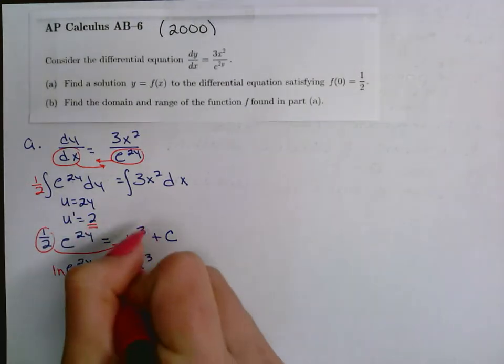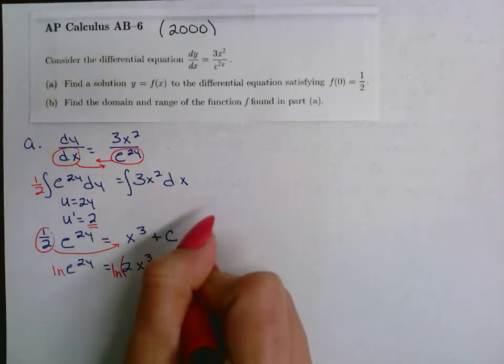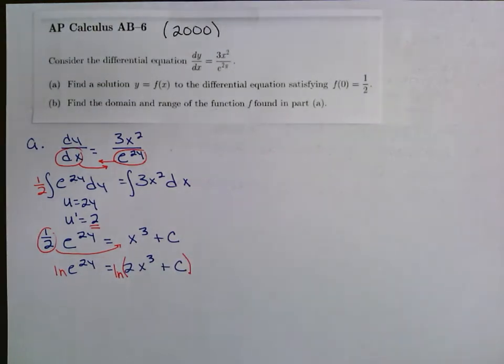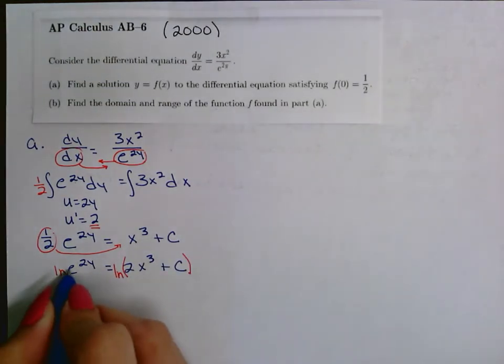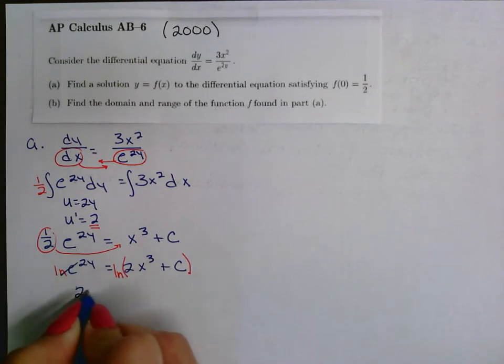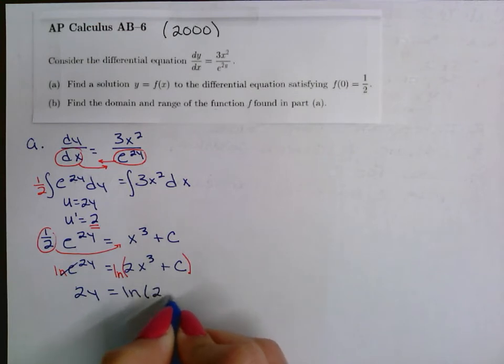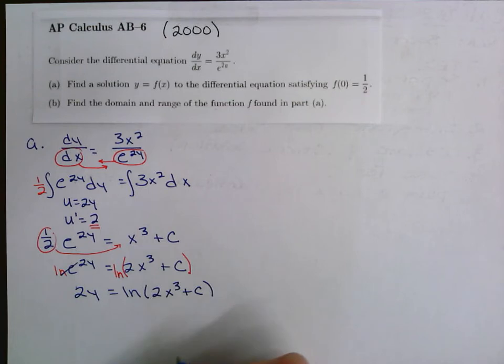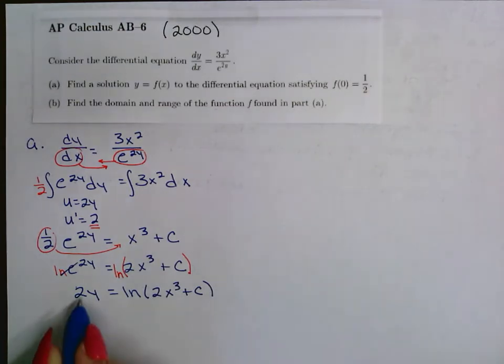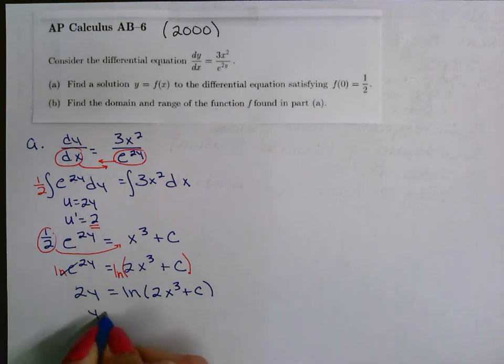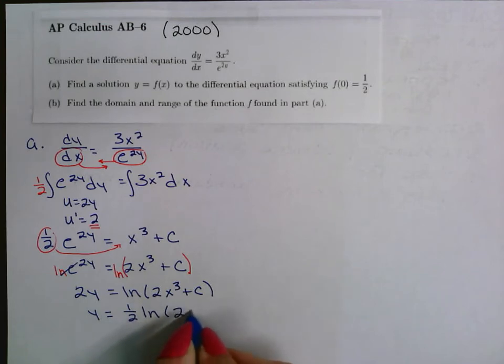Good, I can ln both sides. Notice that I ln this entire right side. Okay, so this cancels and I have 2y equals ln of 2x cubed plus c. Okay, now if I divide by 2, I can say y equals 1/2 ln of 2x cubed plus c.